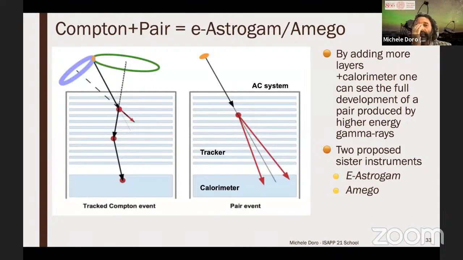The future of this technique, well, I will get back to it, but INTEGRAL's sensitivity is now a little bit too low. We can do much better, and the future is what is called ASTROGAM or AMEGO, in which they will add, if done, not only the Compton part but also the pair part. You remember that when you increase the energy of the gammas, the cross section for pair production is much larger than that for Compton.